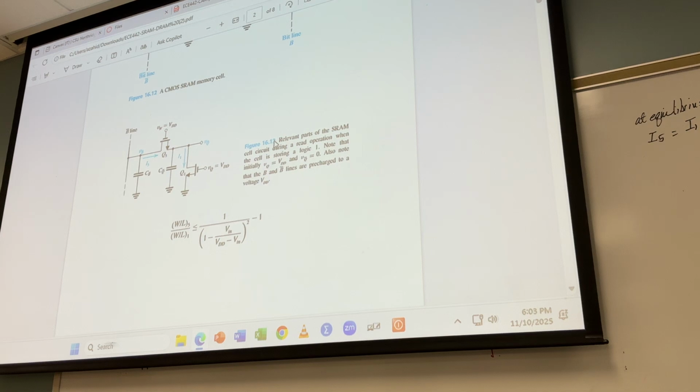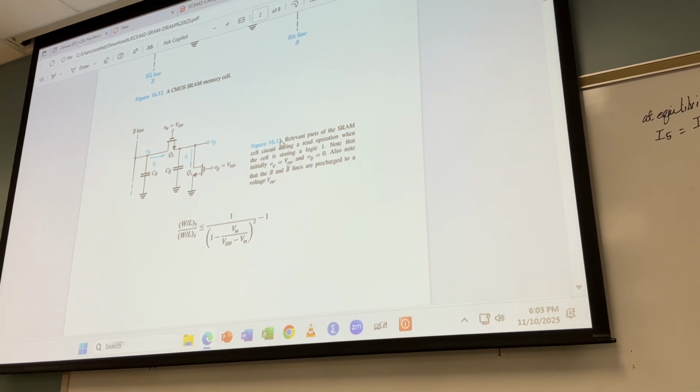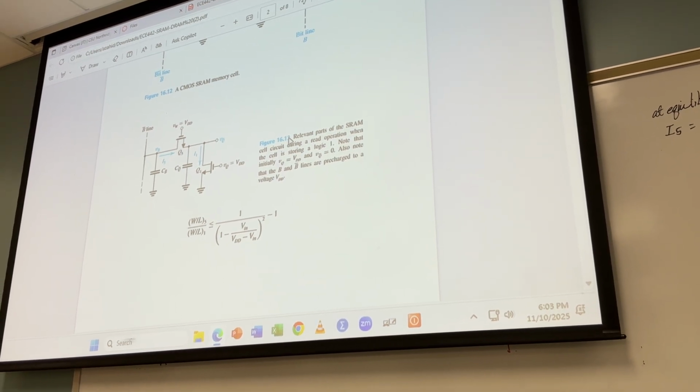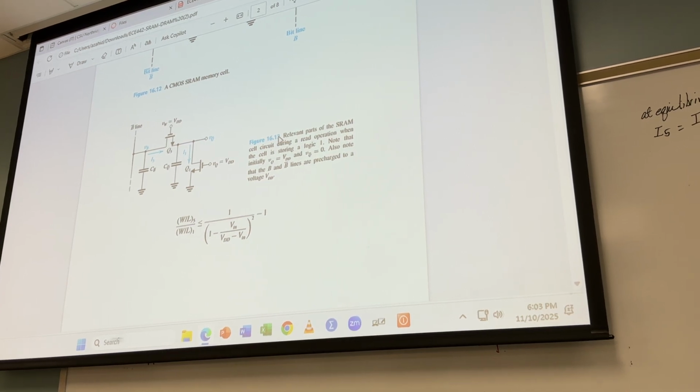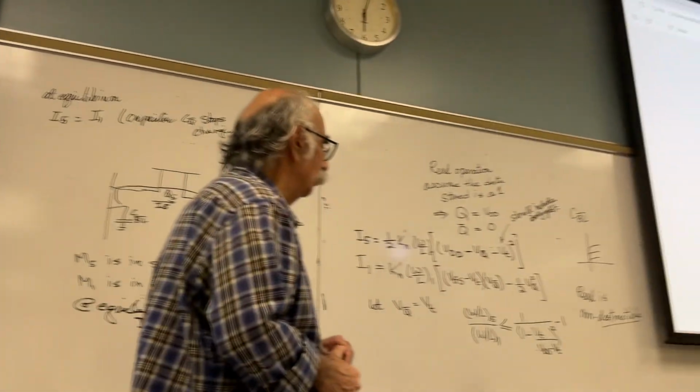1 over (VDD minus VT, divided by VT)... the whole thing squared, minus 1. Did you get it?